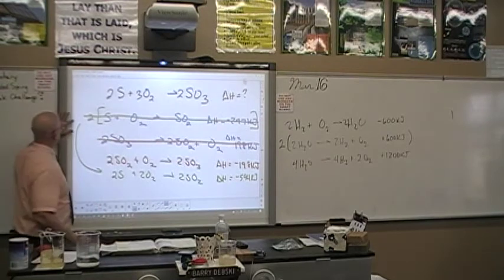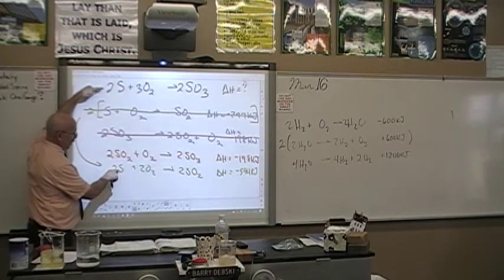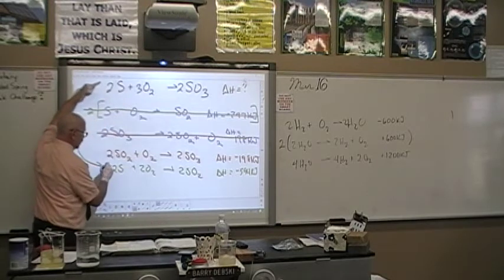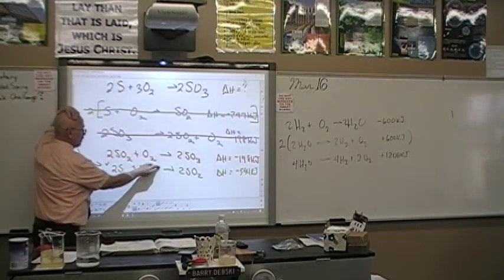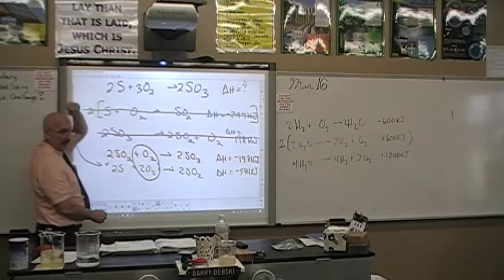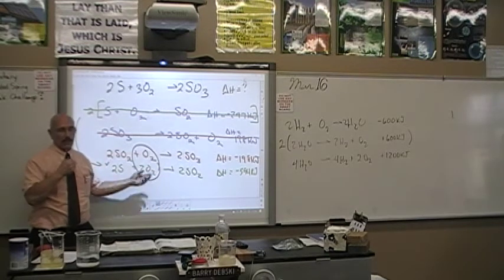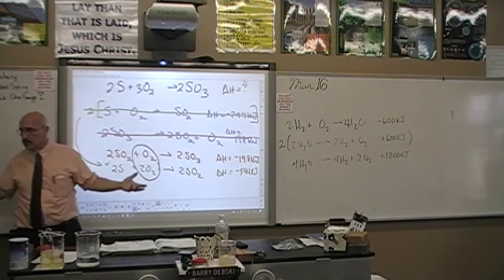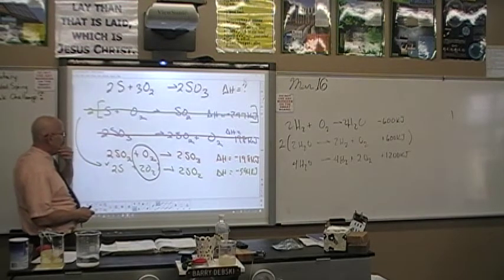So now let's double check. Are we ready to add these together? Do I have 2 sulfurs on the left? Check. Let's use some black here. Check. Do I have 3 O2s? What do you think 1 plus 2 is? Anybody? Yeah, just like in algebra. 1x plus 2x equals 3x, right? So 1 O2 plus 2 O2s equals 3 O2s. Good. Now what do I do with the rest of this?